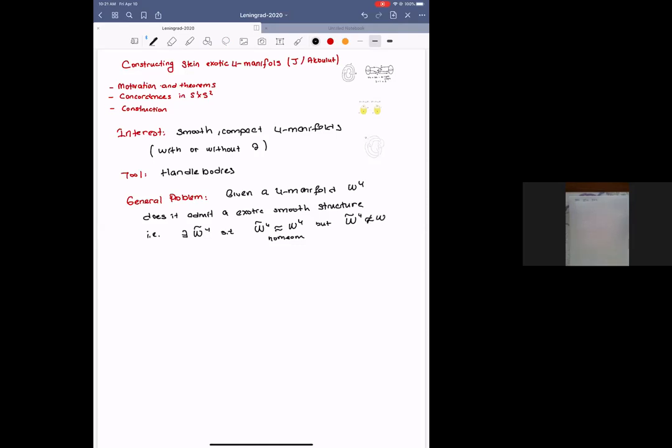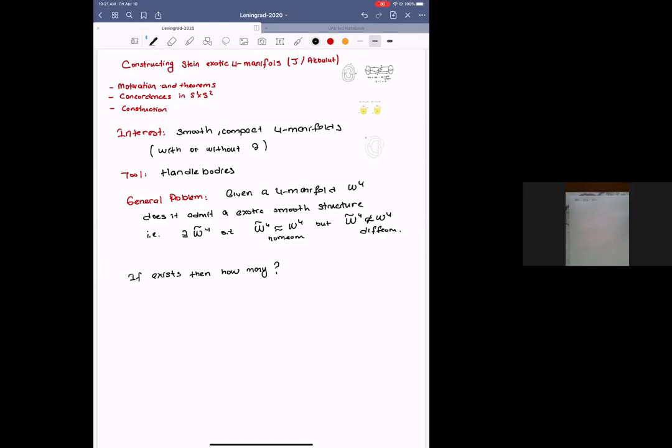There is no such diffeomorphism. When that is the case, we call W tilde an exotic copy of W. Then if it exists, how many? Are there infinitely many smooth structures, for instance?